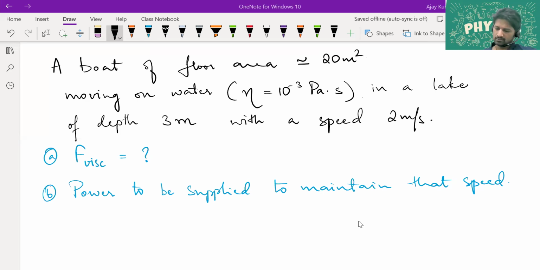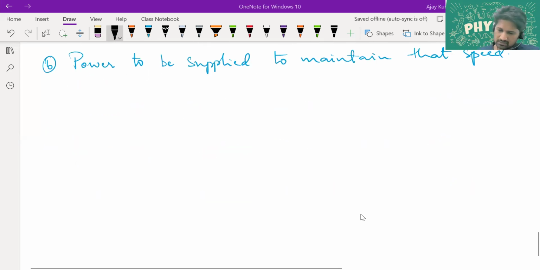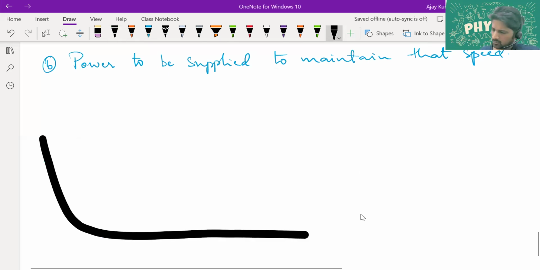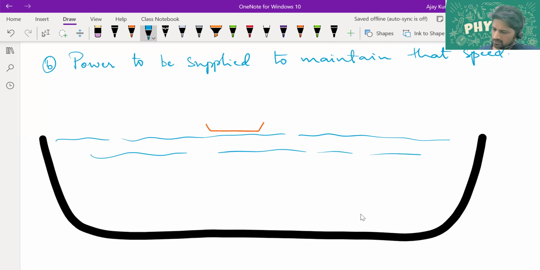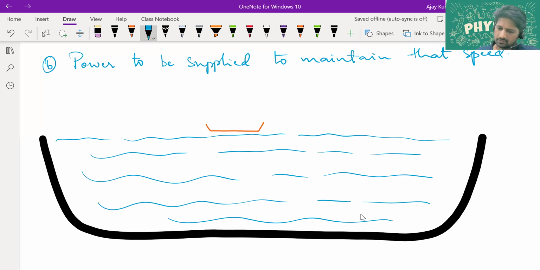So you can visualize it like this: a lake or pond, and a boat moving on that water. Depth of the lake and all are given to you. Now the boat has to move with a certain speed, so the top layer of water will have to move with that speed. The bottommost layer will be at rest, obviously.